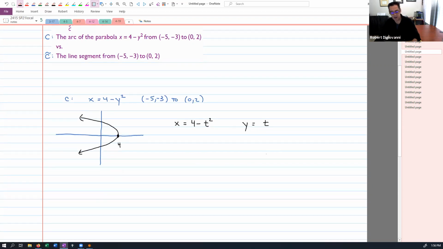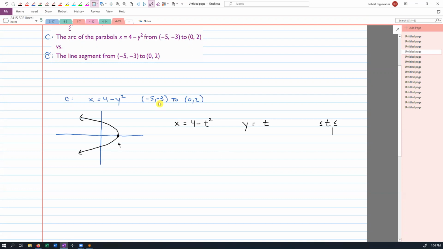Now, you have to figure out what the restrictions are, though. What are your restrictions on t? You want to start out at -5, -3. Would it just be the y value of the endpoint? Well, what t value would start you here?